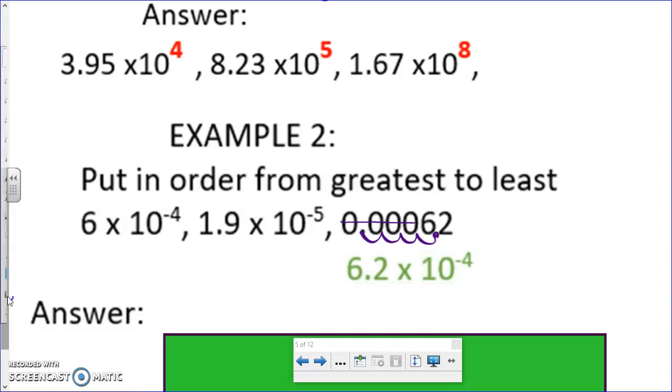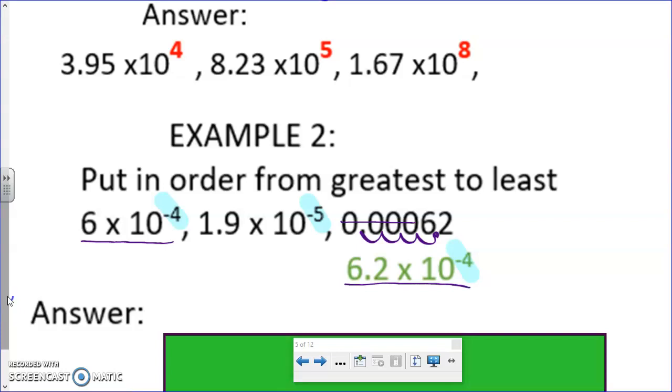So now I can go back and do like I did for the first one. I'm going to look at the exponents first. And we need it to be the greatest. And when the exponents are negative, or when you have negative numbers, the closer it is to 0, the bigger the number. So in this case, negative 4 is closest to 0. And I have 2: I have 6 times 10 to the negative 4 and 6.2 times 10 to the negative 4.